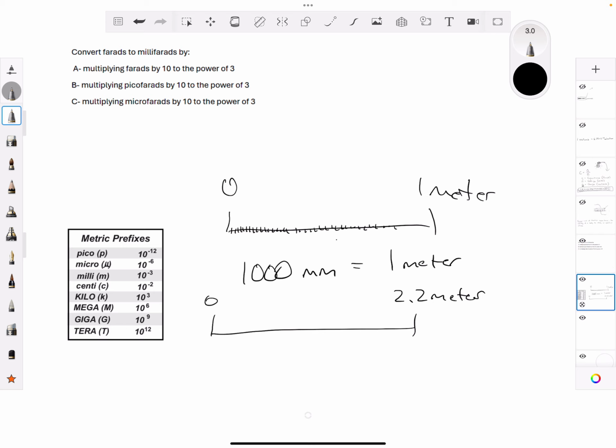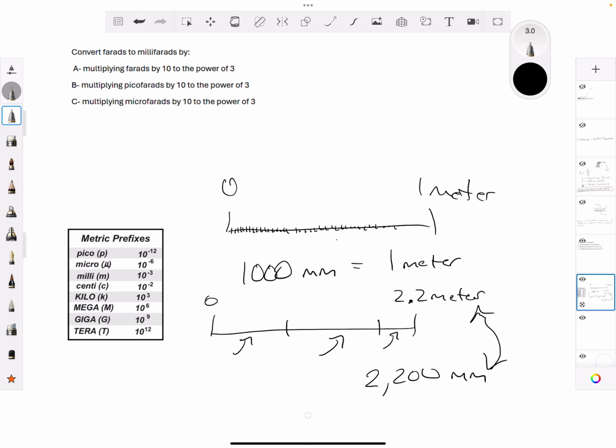Well, for the first meter, I'd have 1,000 millimeters here. For the second meter, I'd have 1,000 millimeters here. And for this last portion, I'd have 0.2 meters, so I'd have 200 millimeters, right? So I'd have 2,200 millimeters. These two numbers are the exact same measure, the exact same distance, right?